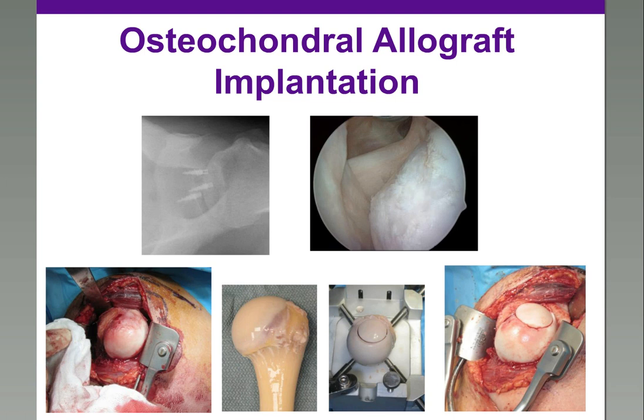We've been utilizing this approach for large Hill-Sachs and reverse Hill-Sachs with excellent outcomes. It is an open procedure, but once implanted, it can really restore a more normal appearing articular surface of the humeral head.